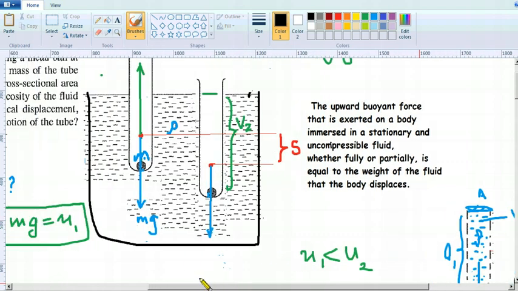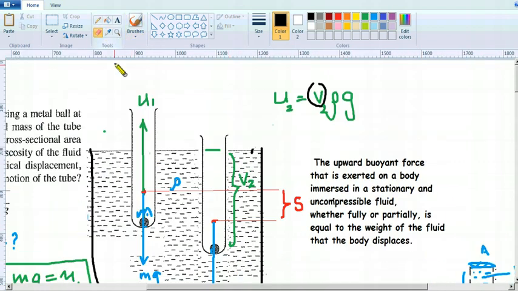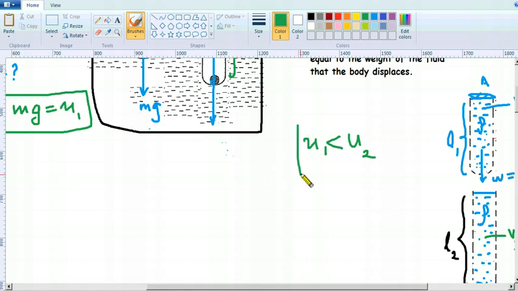Therefore we can't mark the upthrust at the second time equal to the upthrust at the first time. This one must be increased like this. I pull it like this, the arrow like this. So it must be larger. Now this diagram is correct, because under this condition we have to mark it.